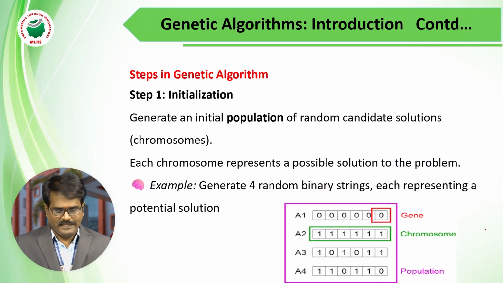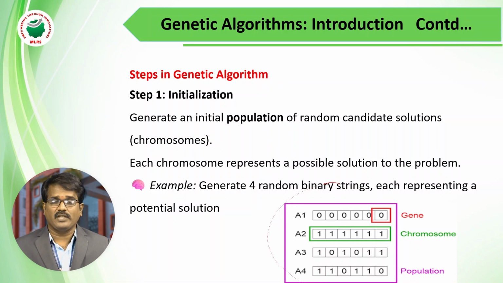Here, generate an initial population of random candidate solutions. Here, population is nothing but the random candidate solutions. With the help of this population only, we are going to evolve the next generations. So here, candidate solutions are nothing but chromosomes. Whenever we are observing here, this entire thing is known as the population.